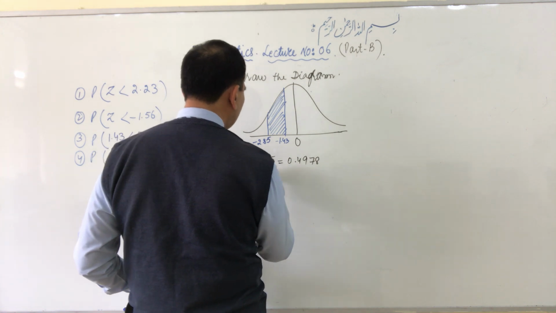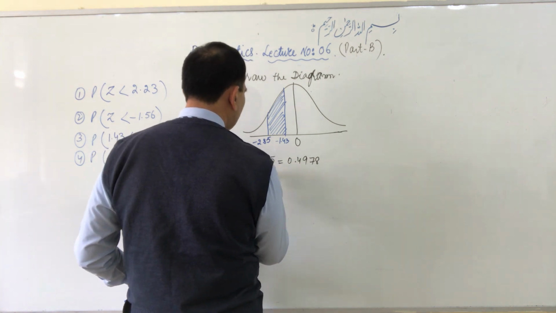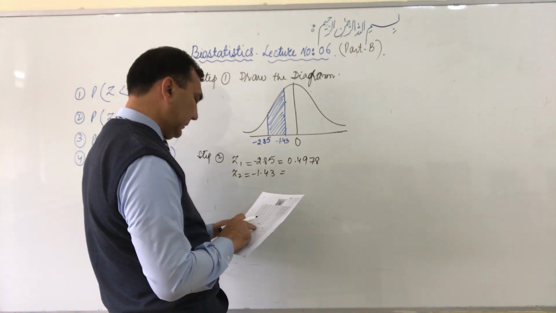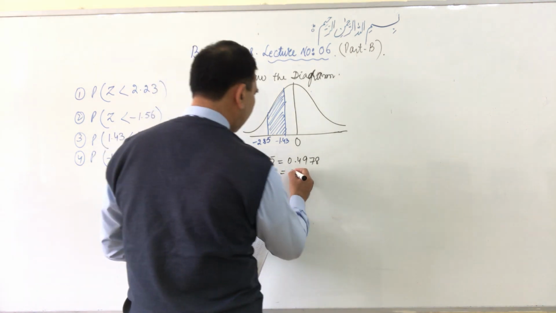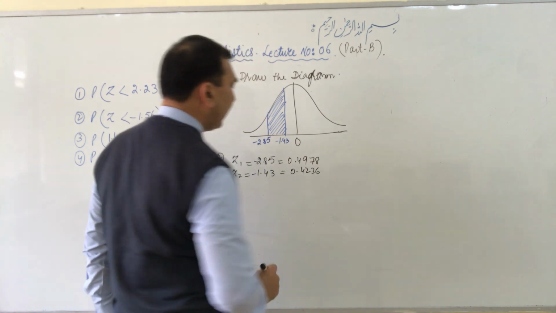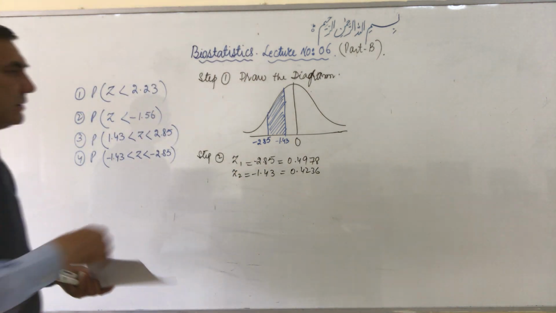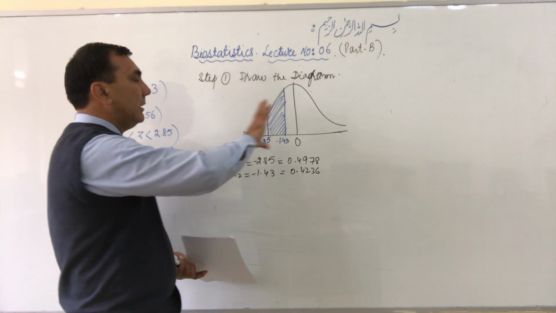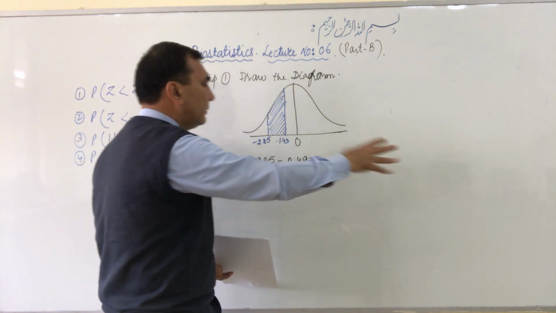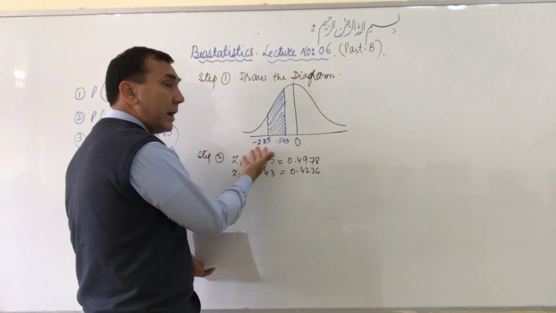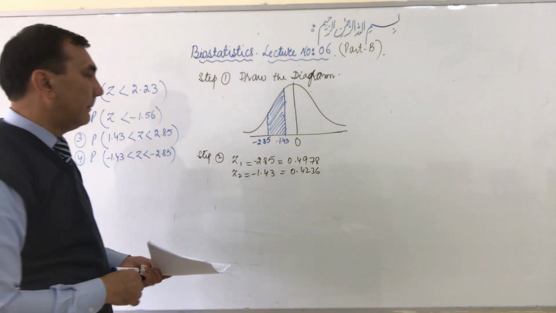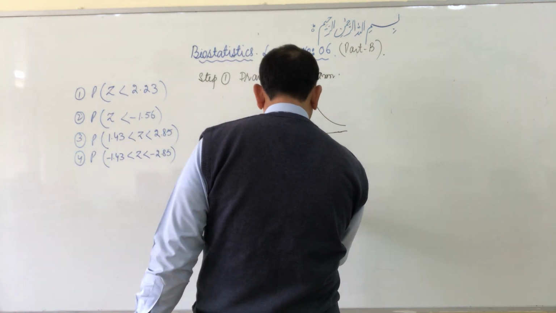And the value of minus 1.43 is 0.4236. It is the same as question number 3, where the values were given as positive; this time in the fourth question the values are given as negative.